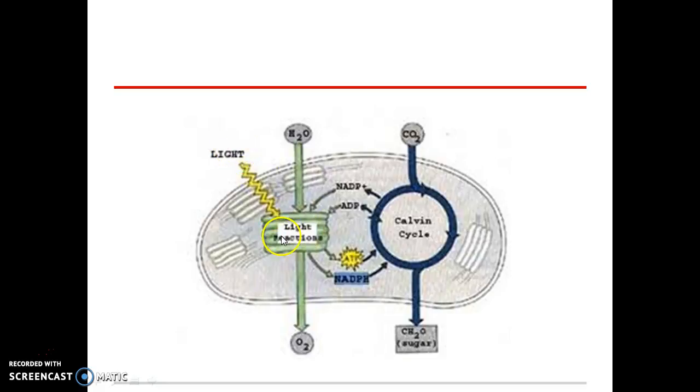What goes into the light reactions, you ask? The light-dependent reactions, and that is light. So sunlight's going in. Water, H2O, that's what this is saying, H2O, goes in. So light and water enter, and then what comes out is oxygen, O2.